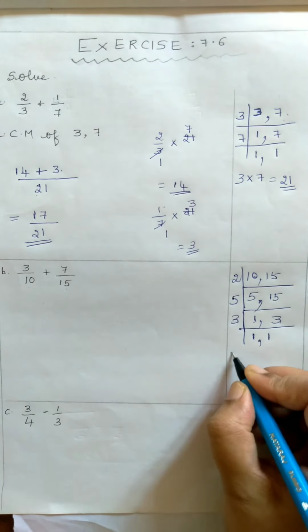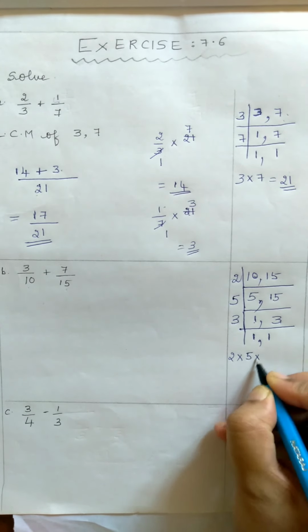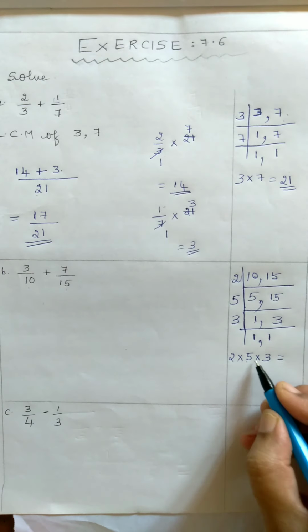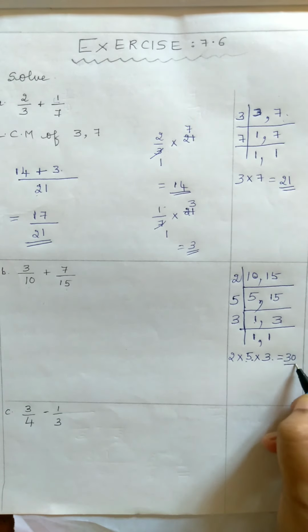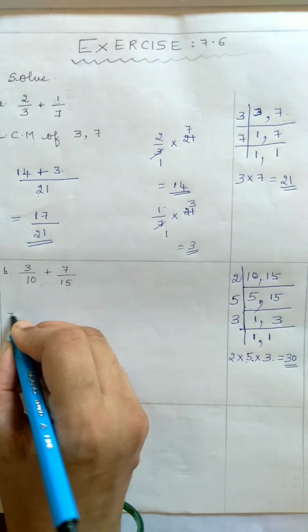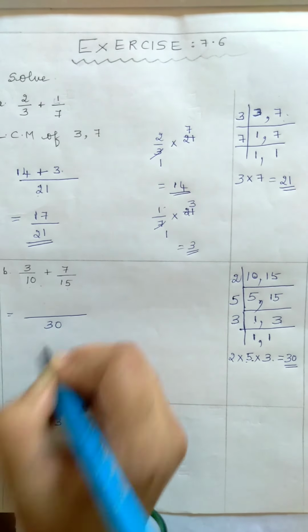Multiply these values. We have 2 into 5 into 3. Therefore, 2 5s are 10. 10 3s are 30. Therefore, the LCM of 10 and 15 will be equal to 30.